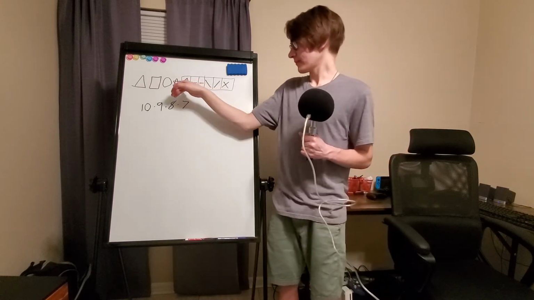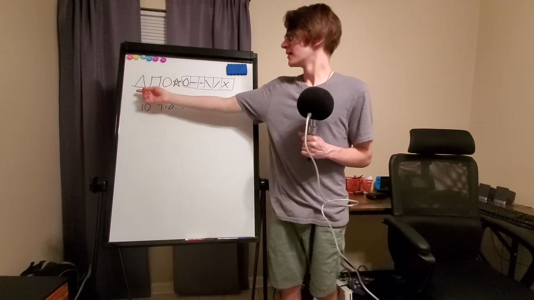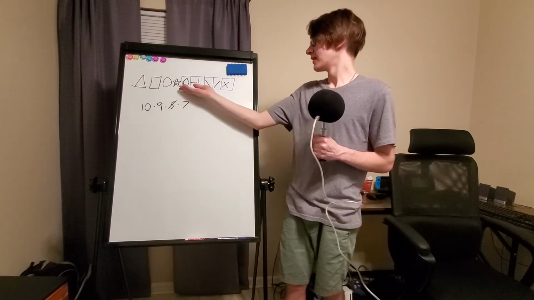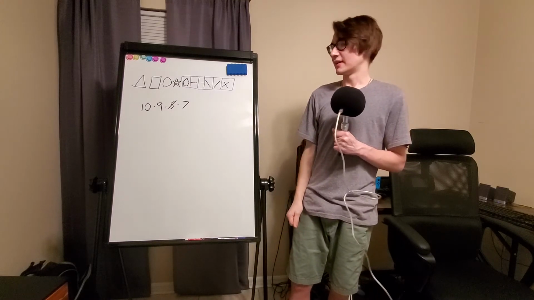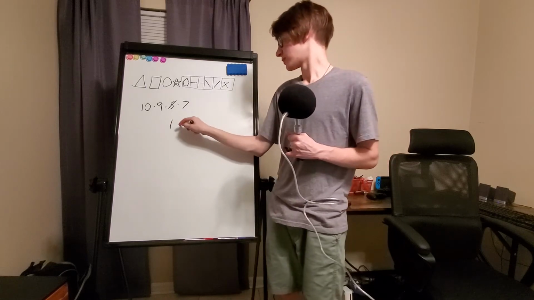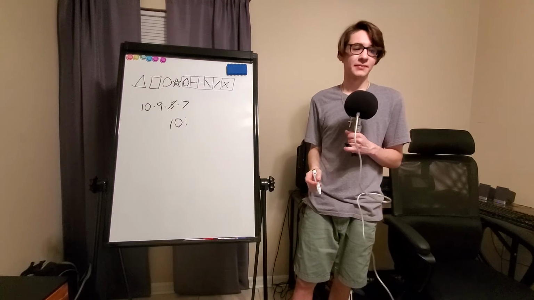So this order of objects corresponds to triangle, square, circle, star as our selection, and all of this as our non-selection. Now, you know already that there are, of course, 10 factorial different ways to arrange these objects in order.